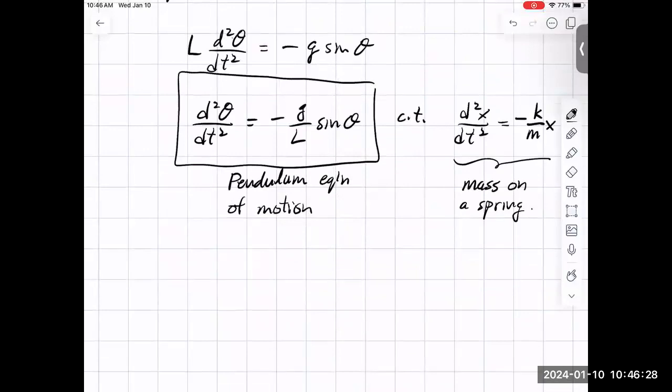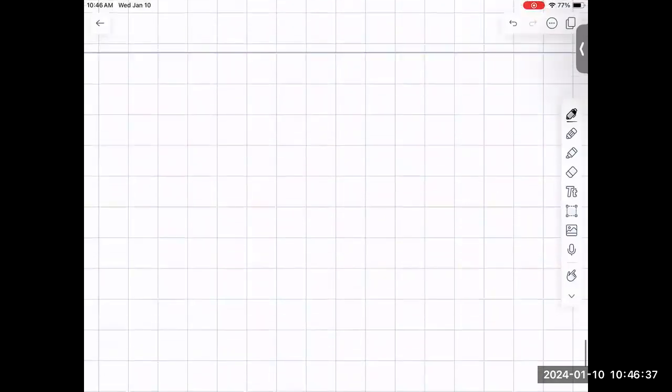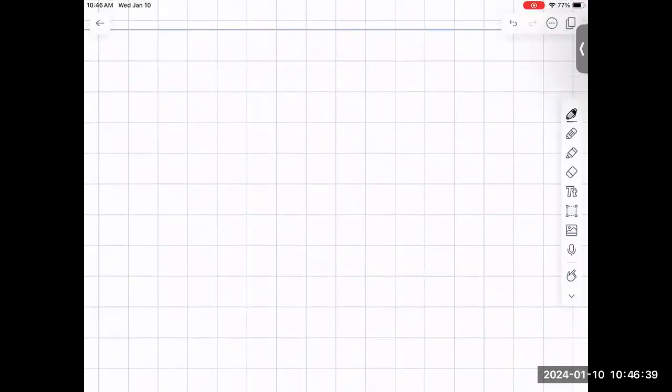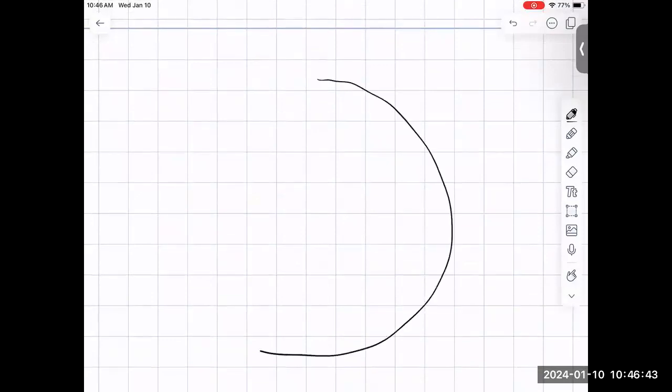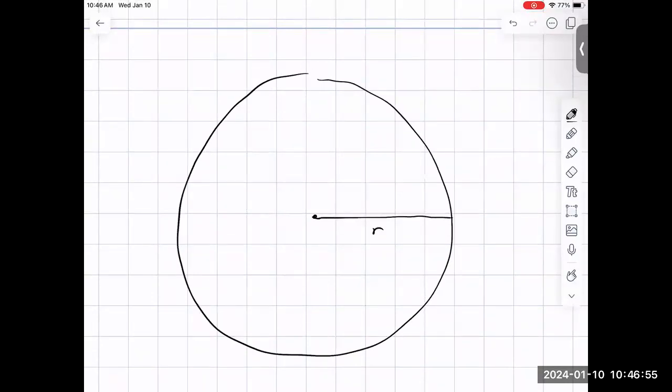And so here is now when we're going to make our first approximation. And we're probably not going to finish this today, but let me show you what the approximation is going to look like. Let me just draw a big circle. Okay, I'm going to draw a big circle here. And let's say that's the center of our circle. And this is the radius r. And I'm going to call this, say, point 1.